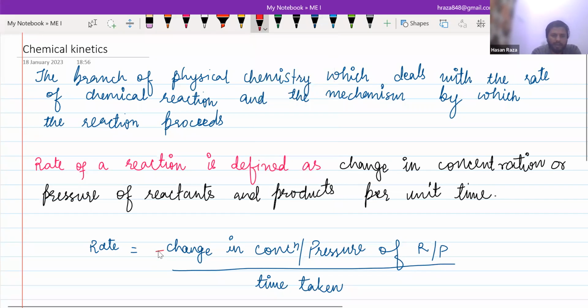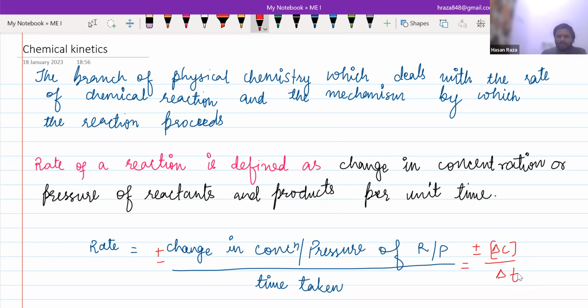So we can also write plus minus delta C, that means change in concentration, upon delta T, for product as well as reactant. What does the positive sign tell us, and what does the negative sign tell us? The positive sign is for product because it increases with time, and the negative sign is for reactant because it is decreasing with time.